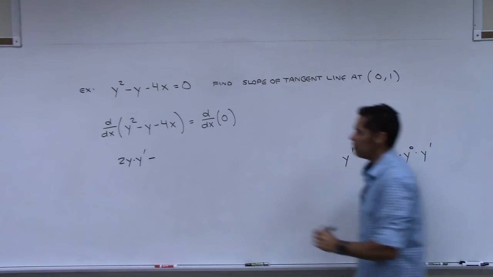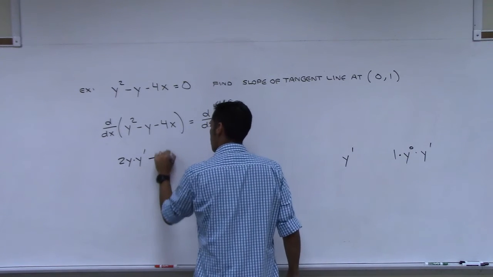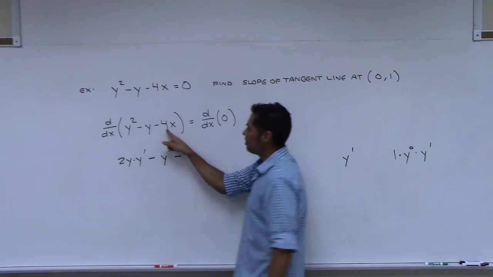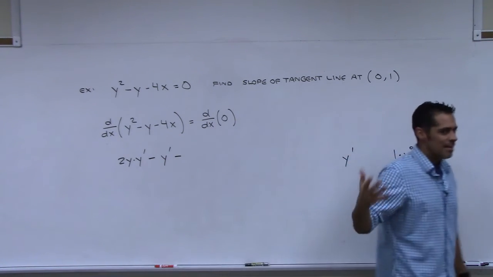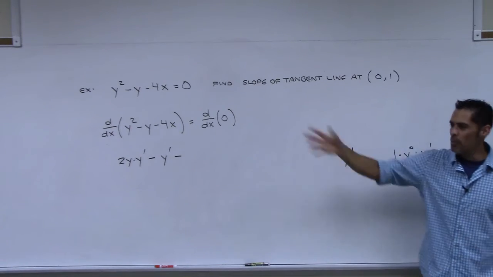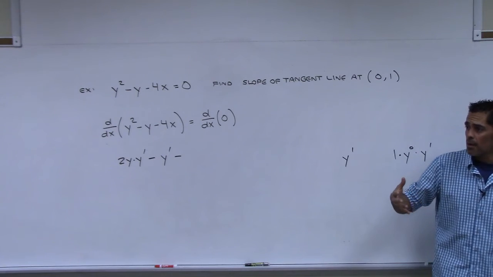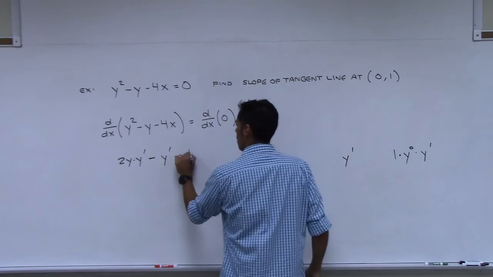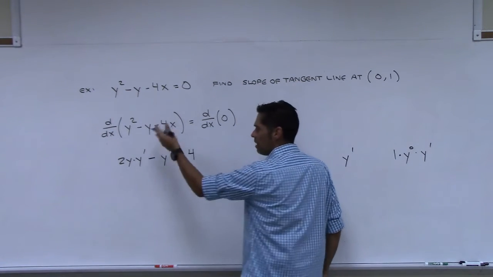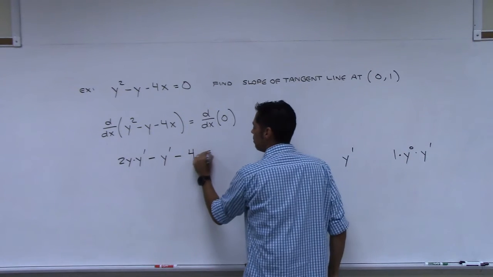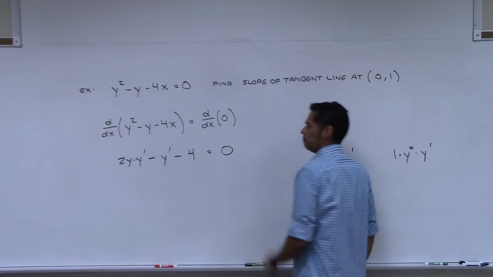Yes? Okay, so this is just y prime. And then minus, now what's the derivative of 4x? That you can go back to your normal, like what we've learned in the past, everything still works the same. So derivative of 4x is 4. And we're done on the left side, right? Equals 0.